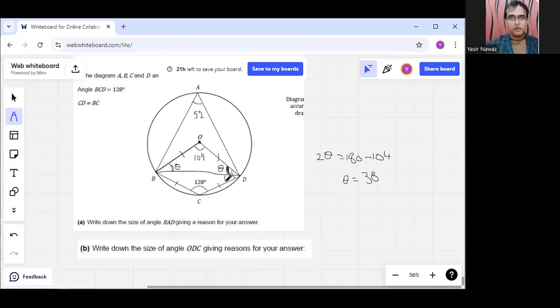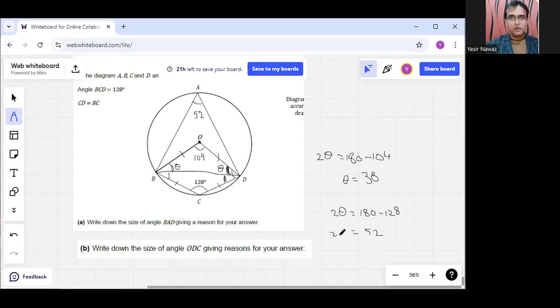What about this angle? This angle and this angle would be the same because there is one more isosceles triangle, BCD. BCD is an isosceles triangle in which one angle is 128. So here the angle will be found as 2 theta is equal to 180 minus 128. 180 minus 128 is 52.